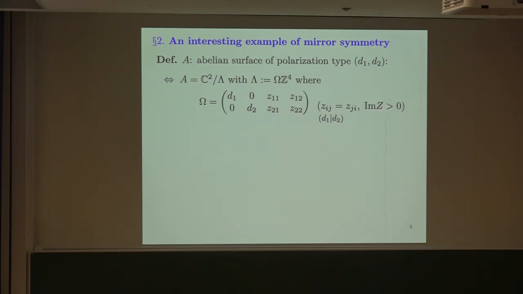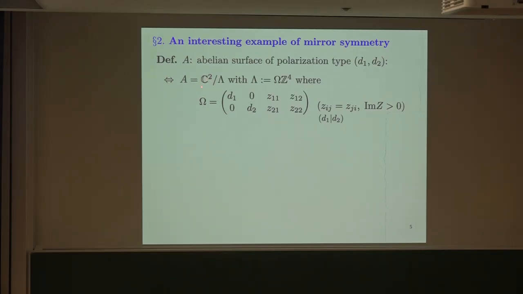This is the symmetric matrix whose imaginary part is positive definite. This defines the torus. A torus with polarization is an abelian surface.